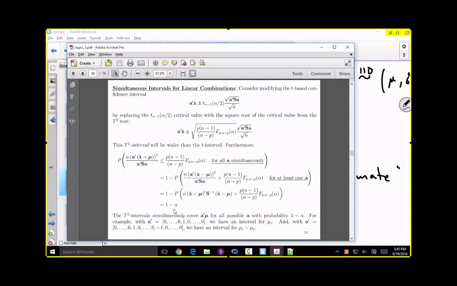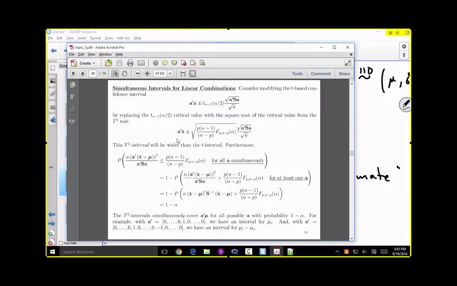So we have the ability to construct individual intervals, one per variable, such that we can say, here are all my p confidence intervals, and simultaneously they will cover the truth with probability 0.95.